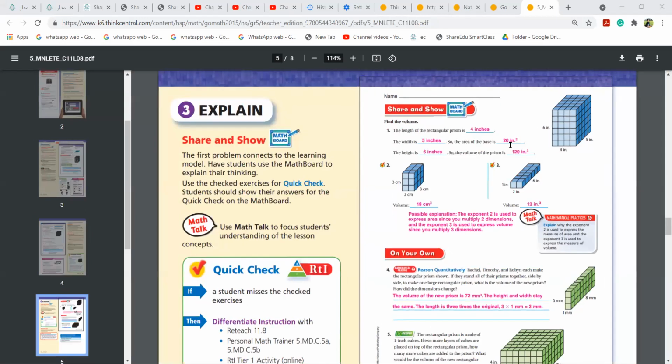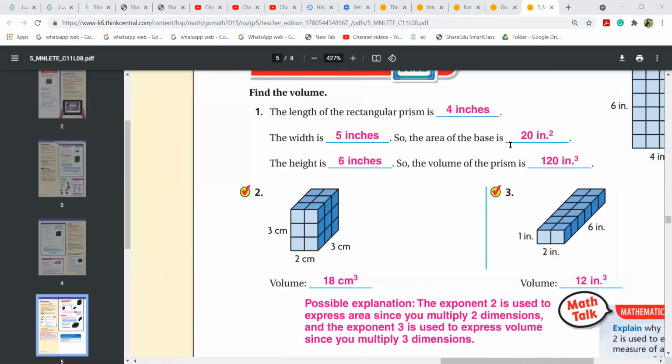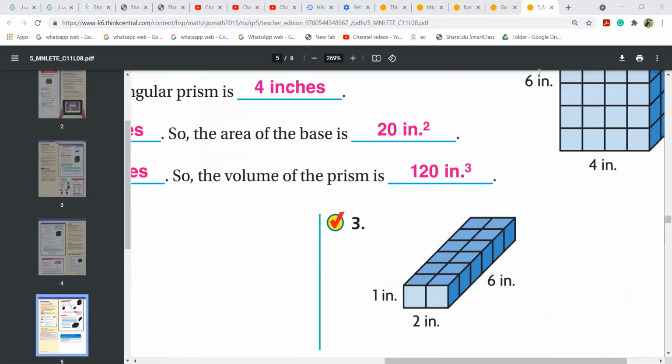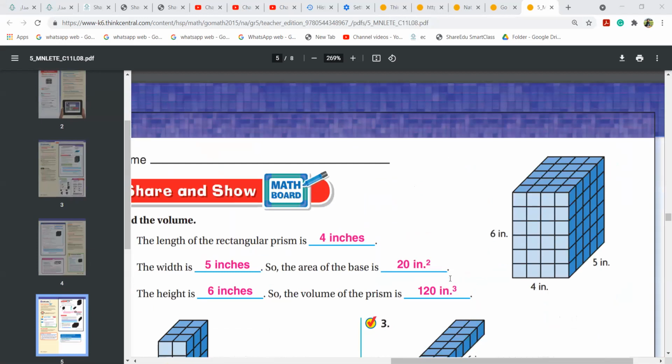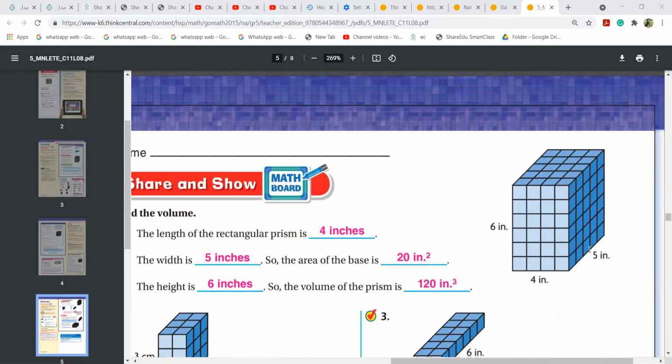How much is the length of the rectangular prism? It's 4. The width is 5 and the height is 6. If you multiply first the length and width, I get 20. Multiply by 6, I get 120.